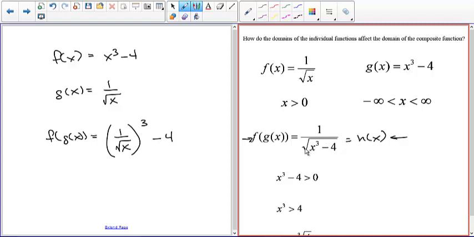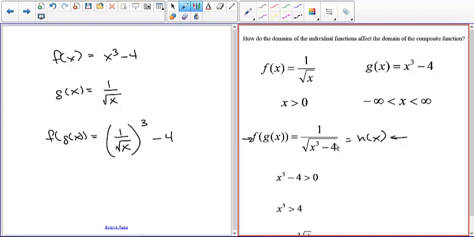So in this case, for the composite function, the domain, this is all real numbers, and you might think the domain of the composite function is all real numbers.